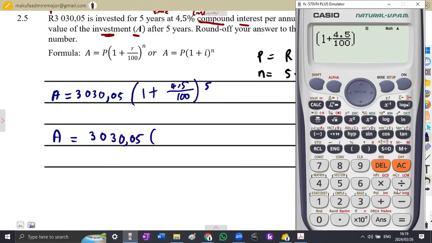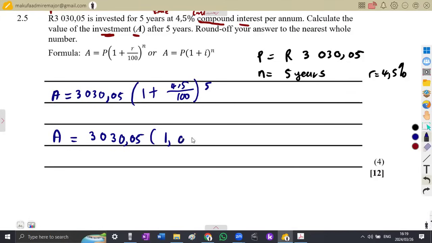This is the decimal part that we are having, and let's have it as a decimal: 1.045. So this is 1.045 to the exponent of 5.